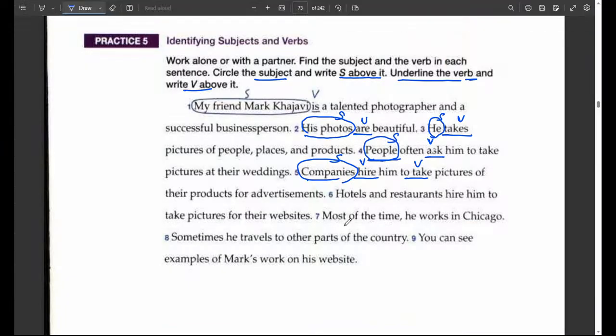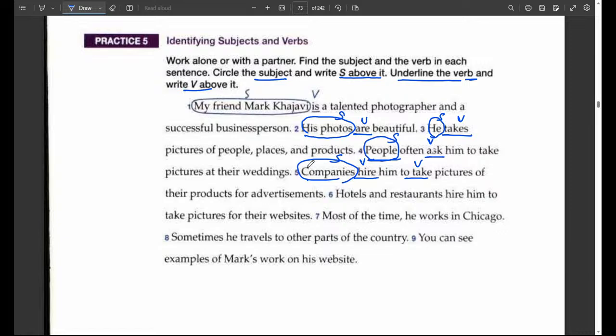So here, we got to know that this is the verb with to.